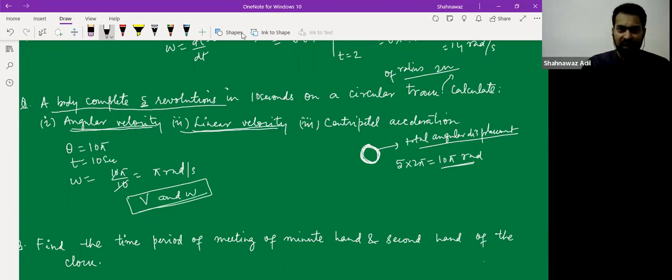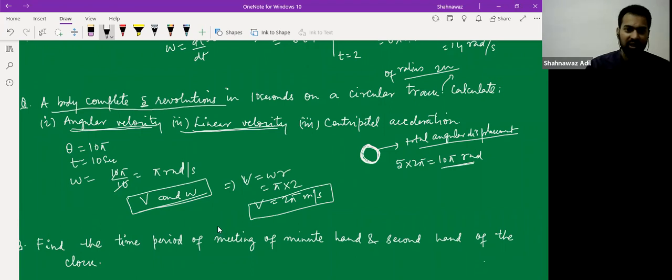Omega R. Yes, right. Okay, Arpit, sorry, I didn't see the chat. So v is equal to omega R. And we have omega is pi, radius is 2 meters. So this is 2 pi meter per second.